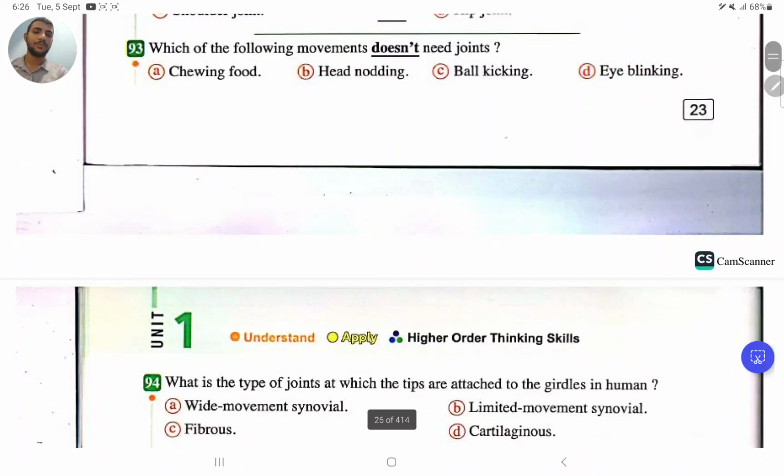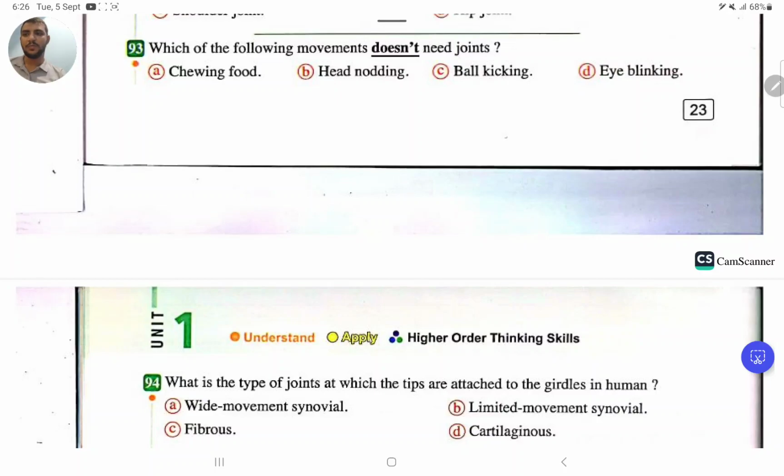93. Which of the following movements doesn't need joints? Chewing food? No, I have here a synovial joint, the lower jaw, so I need a joint. Head nodding, so I need joints.